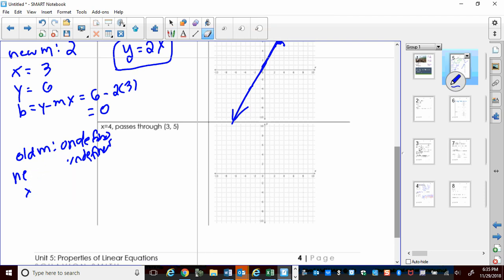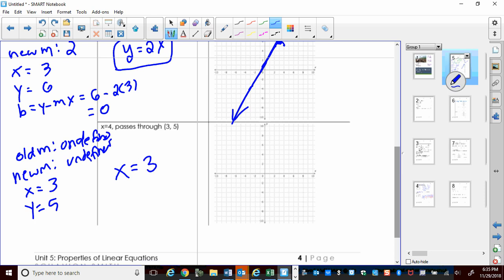My bad. Now, x equals 3, y equals 5. Now, if my old slope is undefined and my new slope is undefined, that implies that I have a vertical line equation. I have x equals 3. So my new equation is right here.